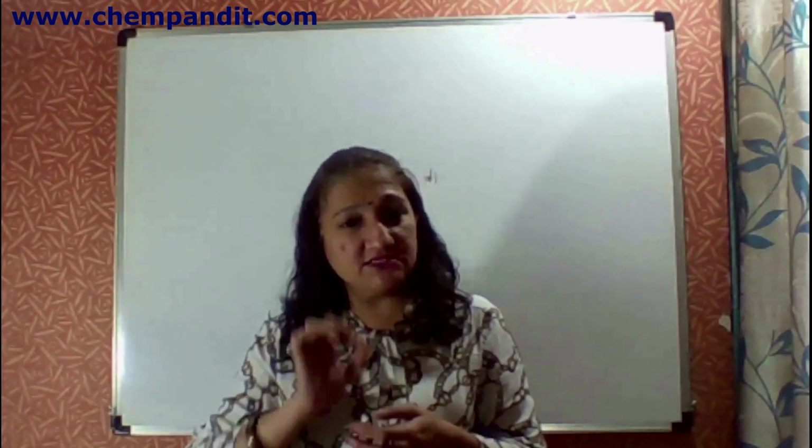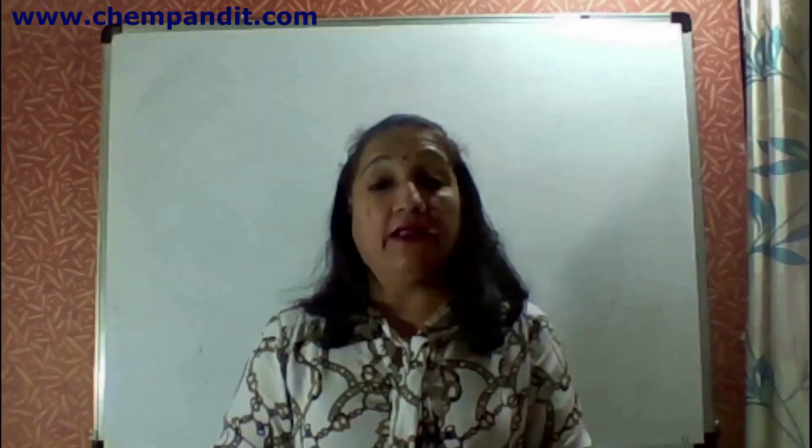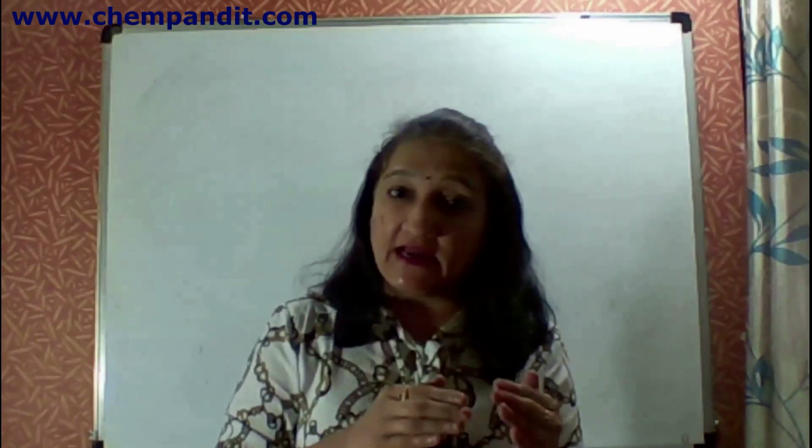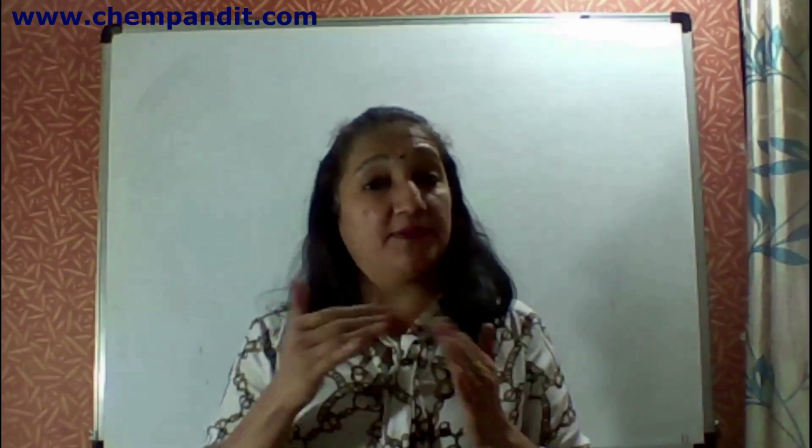I expect you all to take a copy and a pen and just work along with me, right? In today's lecture, we will discuss only the aliphatic hydrocarbons without functional groups. The aliphatic hydrocarbons means the straight chain ones and the branched ones.